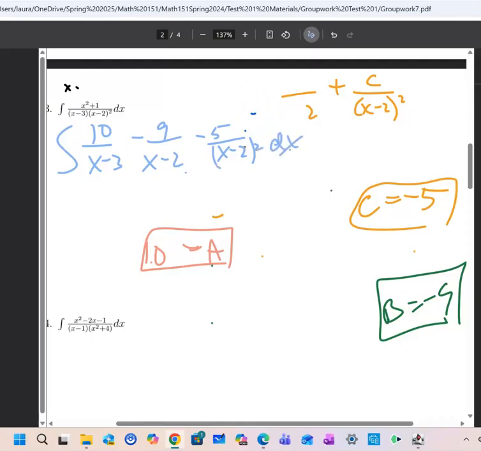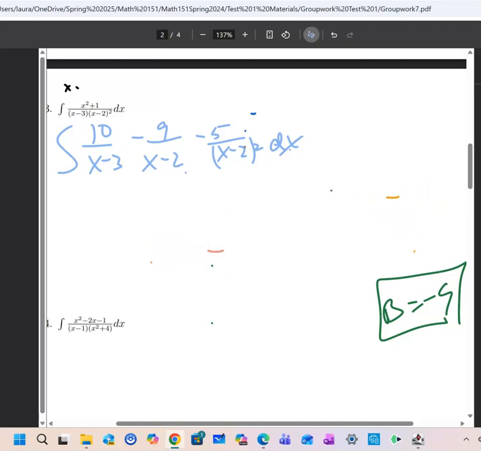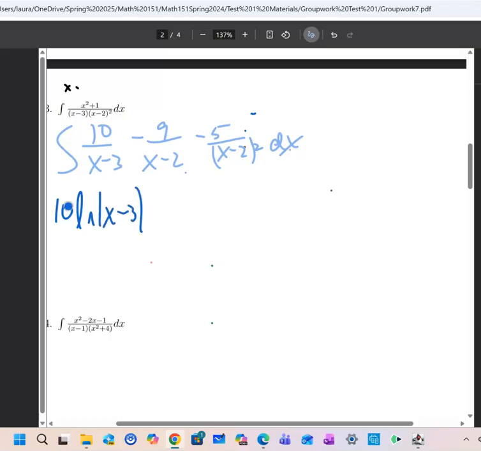Now you're going to be careful in taking the antiderivative. The first two terms are just easy u substitution, which results in ln, right? So this will be 10 ln of x minus 3 minus 9 ln of x minus 2. And then this one here, you need a u substitution for.